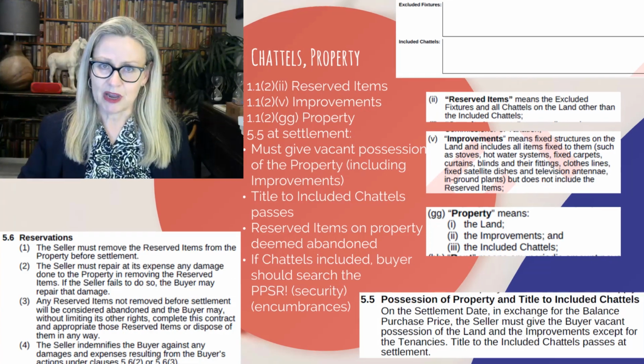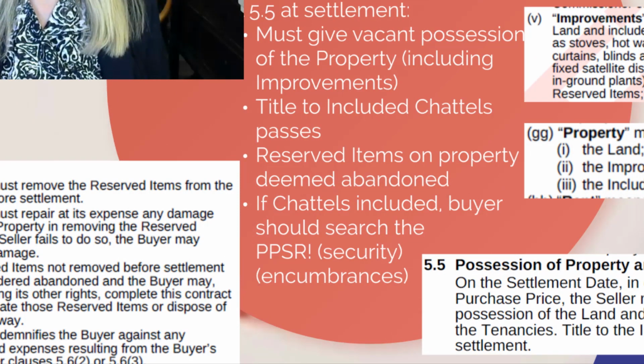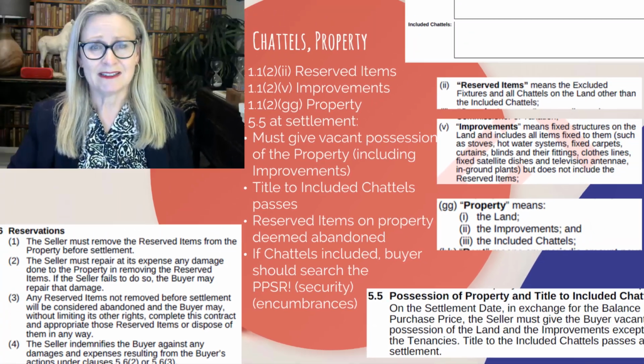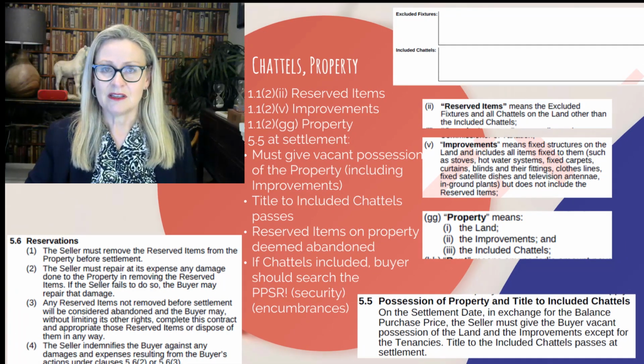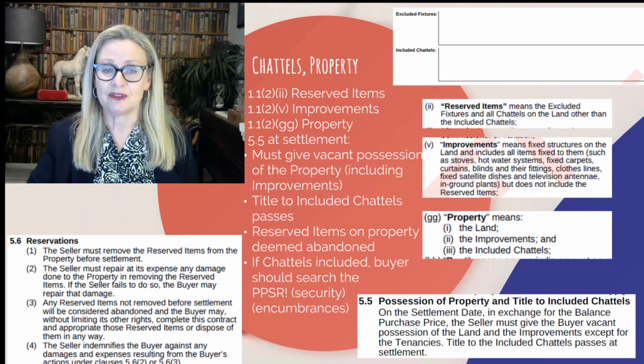So where a buyer has actually negotiated for the inclusion of chattels in the contract itself, always, again, note to the wise, the buyer's lawyer really needs to search the personal property security register to make sure that there are no securities over the chattels that have been purportedly included in the contract.